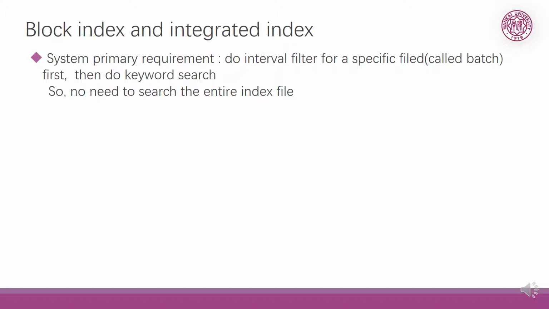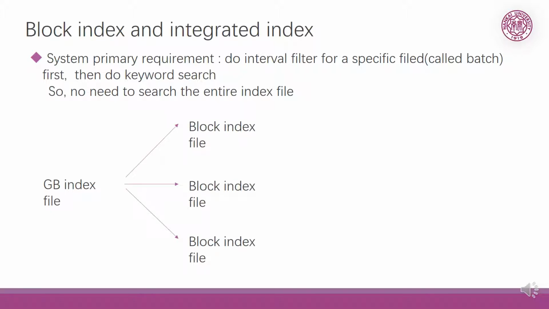Based on this fact, we split the gigabyte-level index file into multiple small block index files according to the batch field. Then we only need to search on the index which satisfies the query range. The scheme of coexistence of the integrated index and block index is applied to our retrieval system.